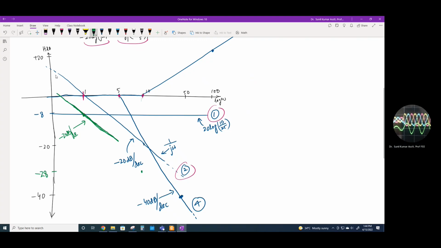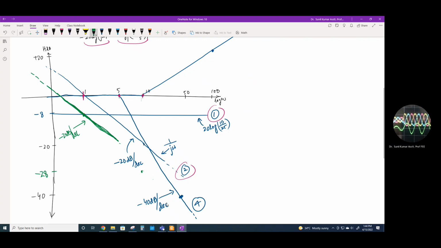Okay, so this green line is basically the resultant of lines 1 and 2 for omega less than 5 radians per second, with this slope. Now, for omega greater than 5 and less than 10, that means between this range, I have this additional line, line number 4, which has a slope of minus 40 dB per decade.